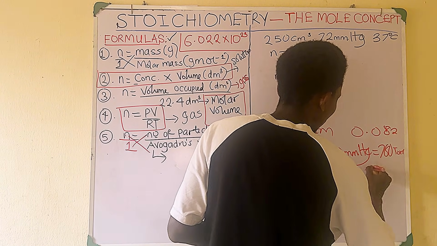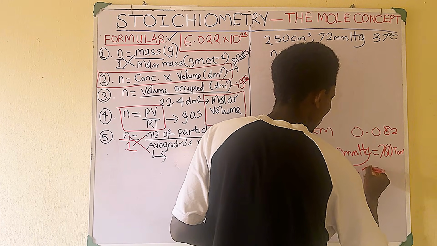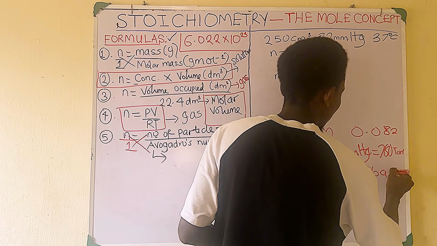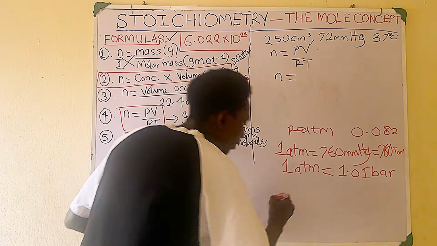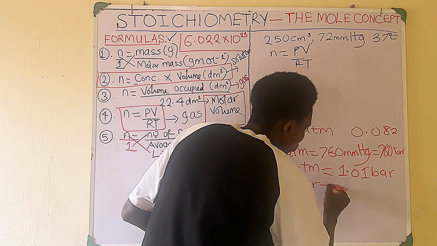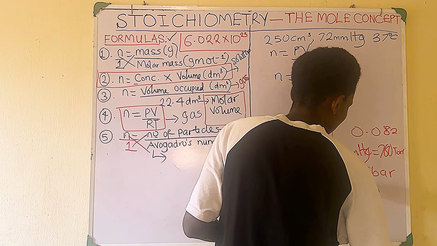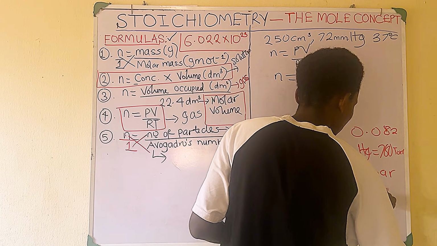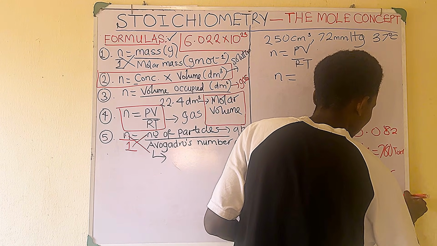Now, 1 atmosphere is equal to 1.01 bar. Take note that 1 bar equals 10 raised to power 5 Newton per square meter, or Pascal.